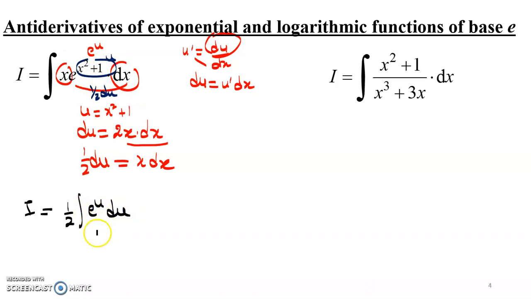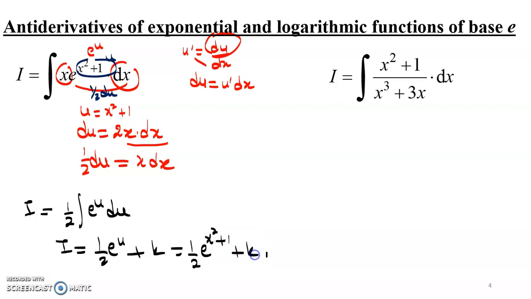Now e to the u du, our variable of integration here is u, so the integral of e to the u is e to the u. And now we bring back our expression in terms of x, which is half e to the x squared plus 1 plus k. So that is our first integral.